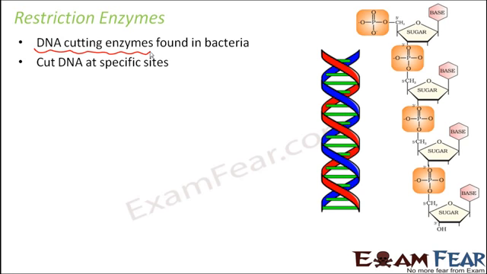DNA is nothing but a polynucleotide. It is a polymer made up of nucleotide units. So many nucleotides joined together form the polynucleotide. One nucleotide consists of a sugar, a base and a phosphate group. So this portion is one nucleotide.